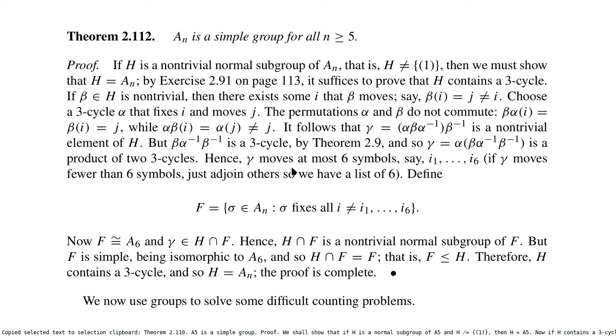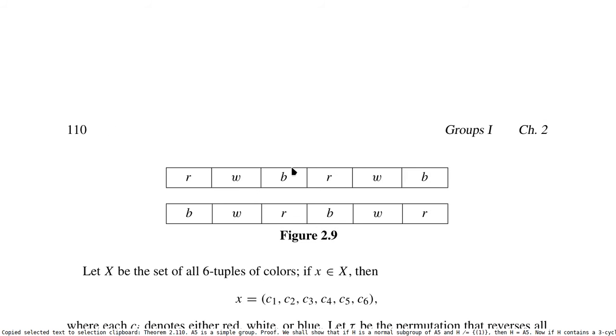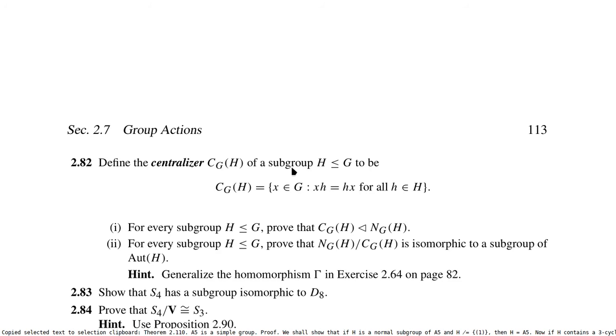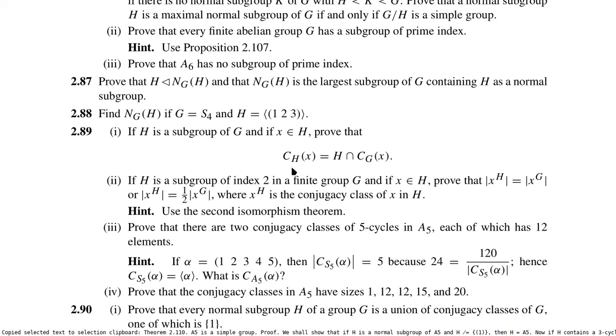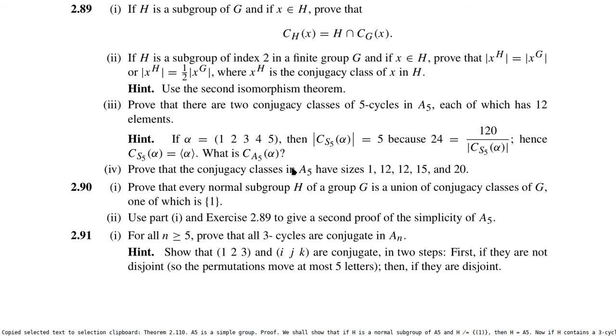If you can just show that H contains a three cycle. Oh, this is interesting, he leaves half of the thing for the reader. On page 113, he has an exercise 2.91, which is that for all n greater than or equal to 5, prove that all three cycles are conjugate in An. So he takes conjugacy for granted as of now.